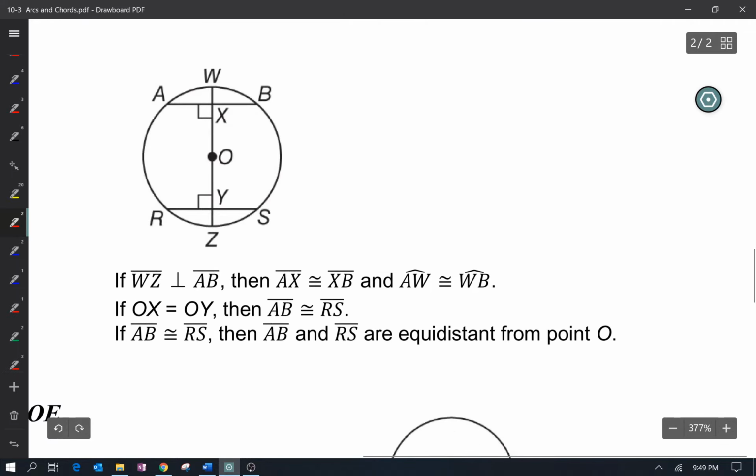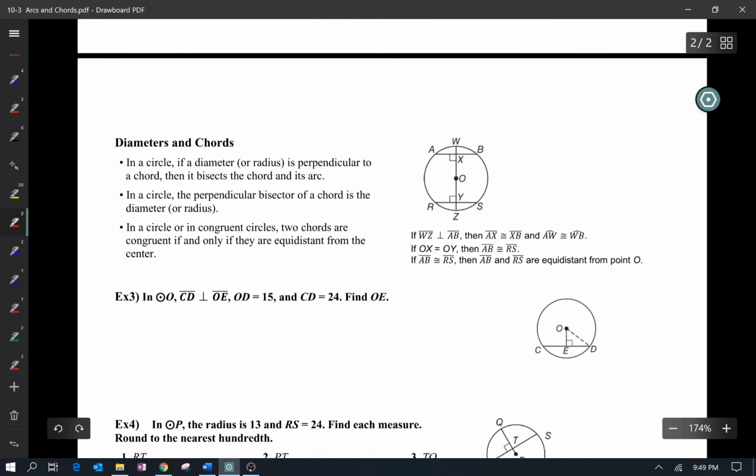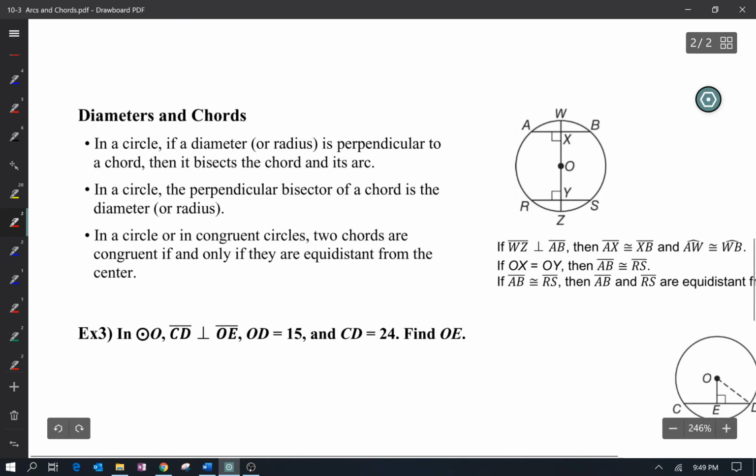All right. On to the next part. We're going to have to take a little bit of time here. First things first, in a circle, if the diameter is perpendicular to a chord, then it bisects the chord and its arc. Okay, so what are we saying?